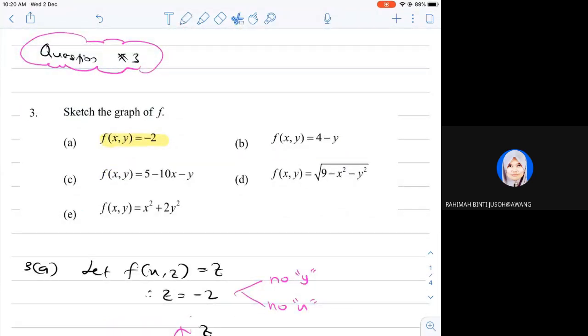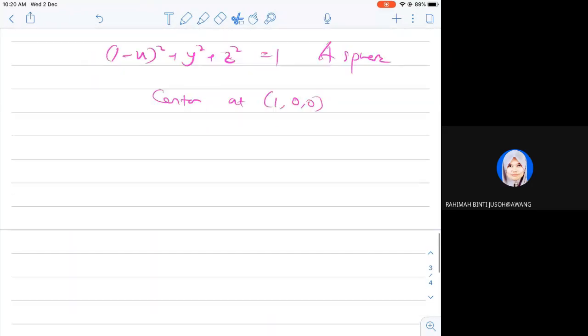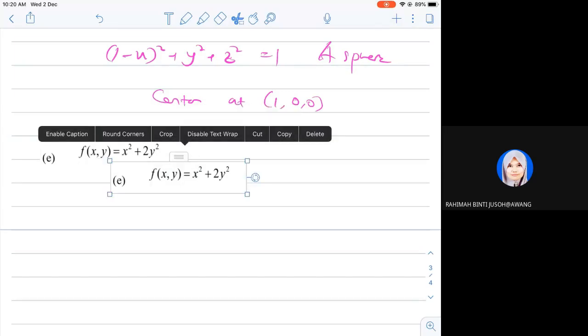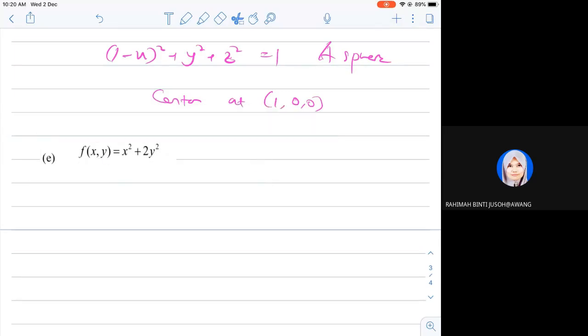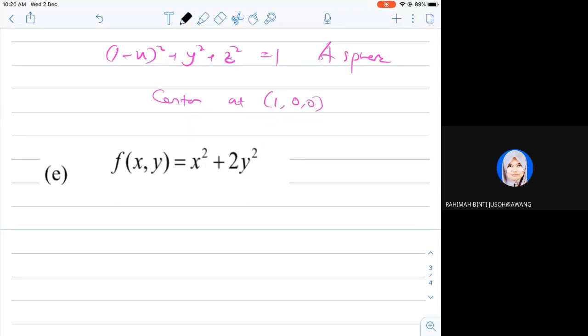Okay, next question, 3e. This is a what, guys? Let's say z equals x squared plus 2y squared.